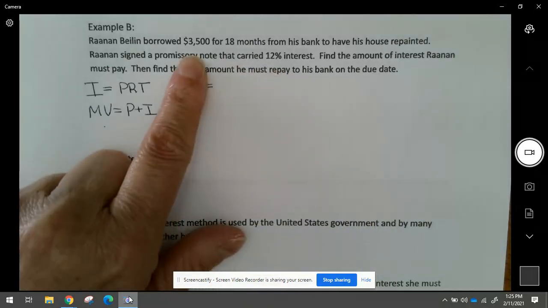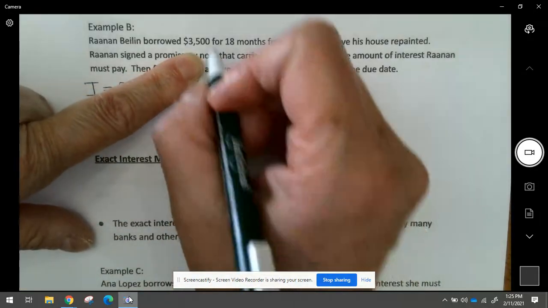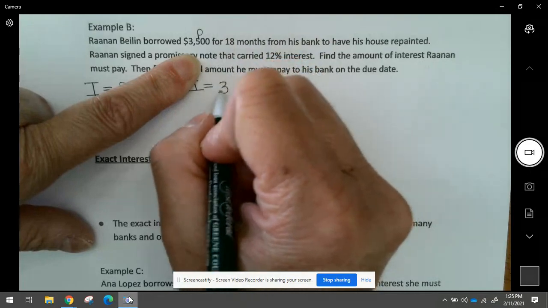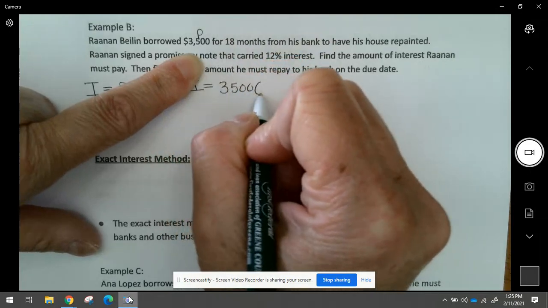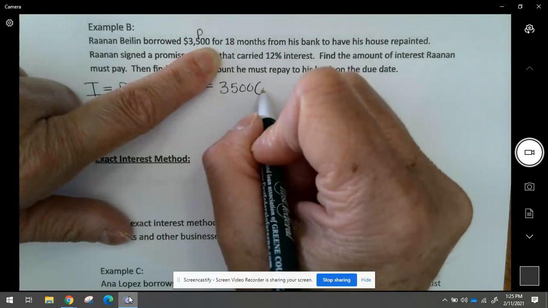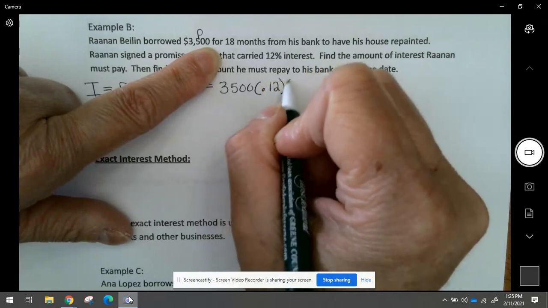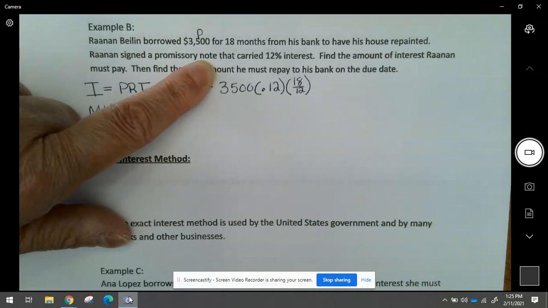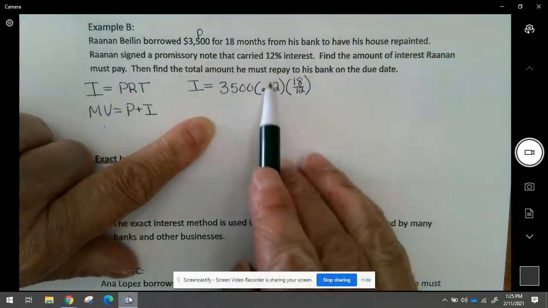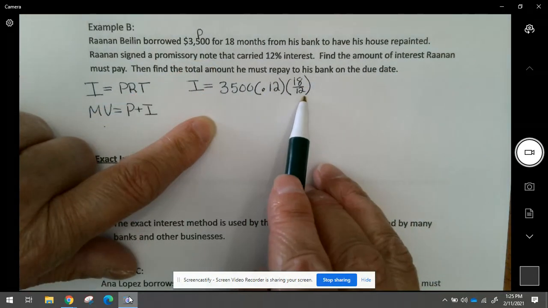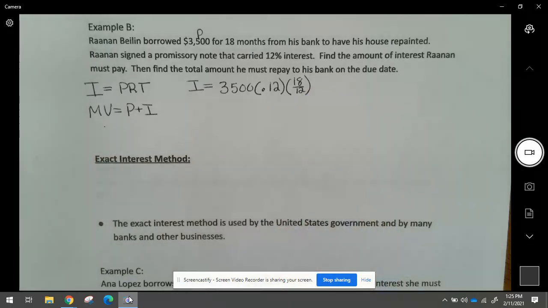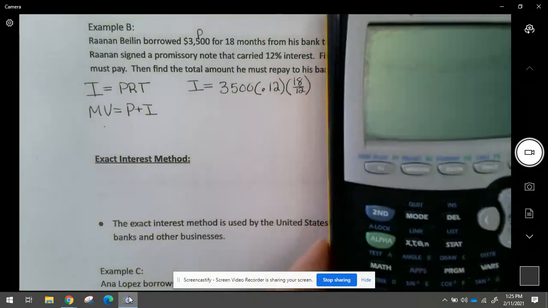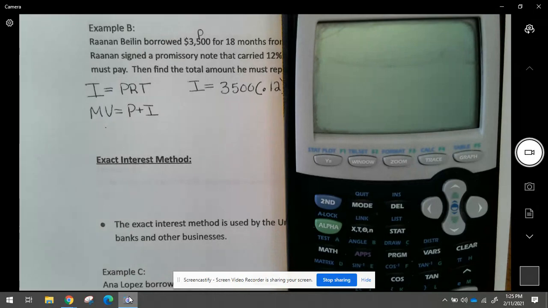Okay, so interest is going to be calculated by the principal amount, $3,500, times the rate of 12%, 0.12, times 18 out of 12. You can just leave them as fractions and do this calculation in your calculators. I'm going to show you how to do this with the calculators that you have.